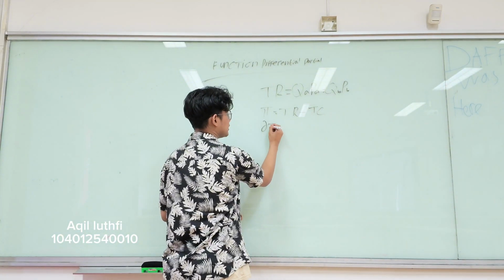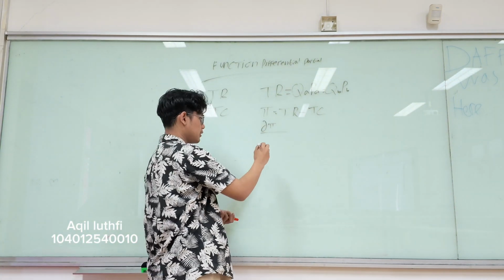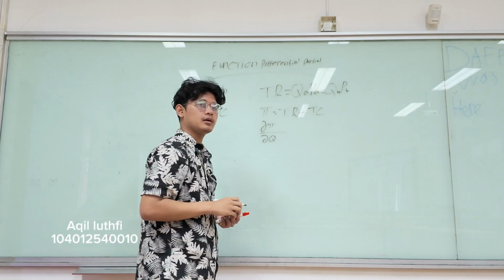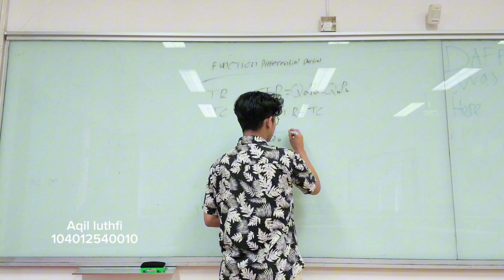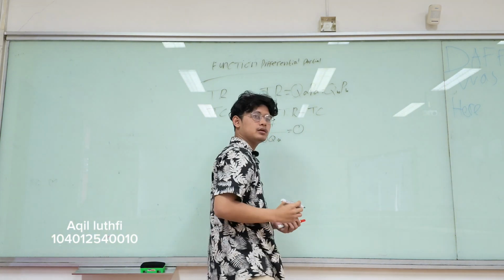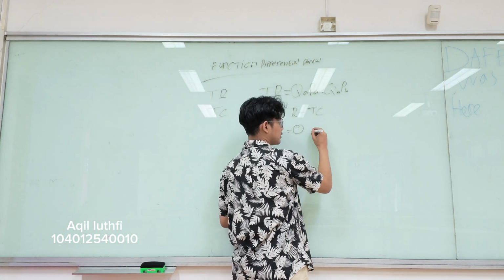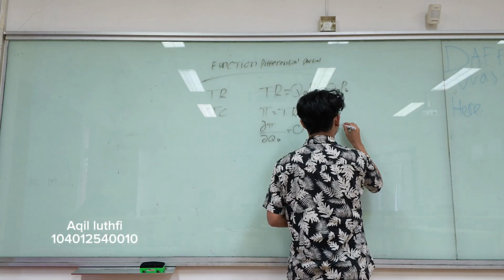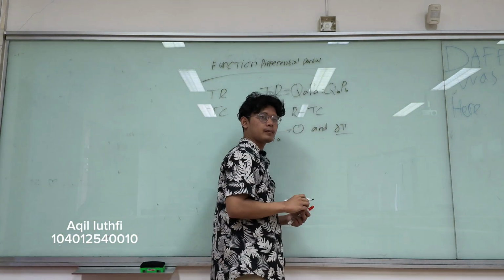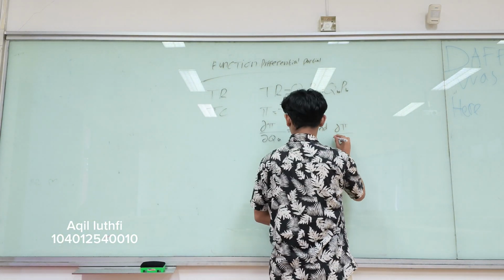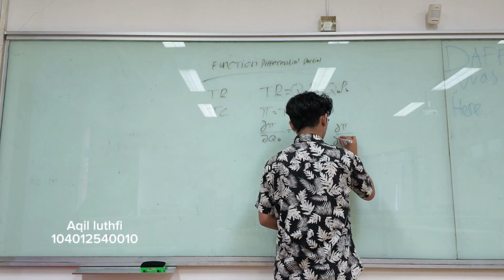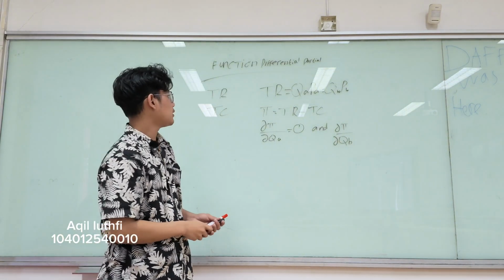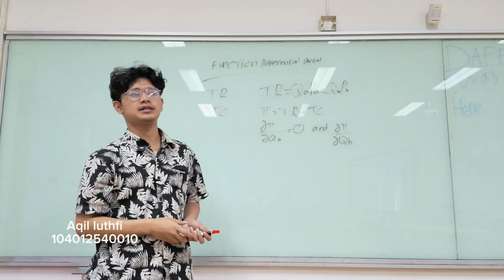The function is TR equals P per Q, and one is QB. And there is a formula for partial differential functions.